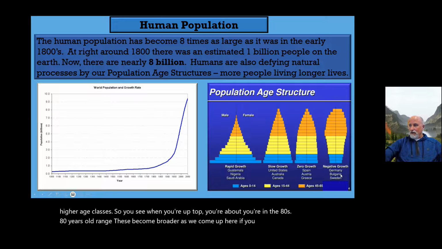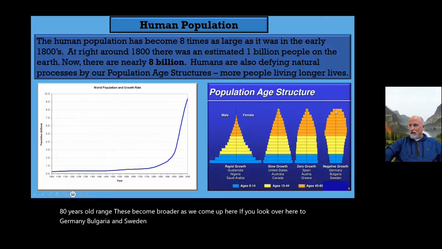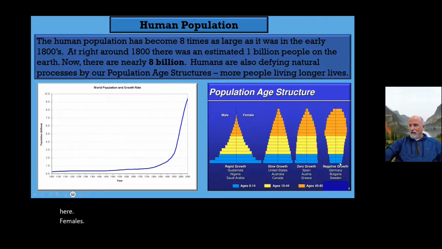If you look over here to Germany, Bulgaria, and Sweden, look how wide theirs are here, particularly the females over here. But look at the bottom. This is backwards. You have fewer individuals down here being born than are up in the middle ages and approaching older ages. So that's where your population has somewhat turned upside down.